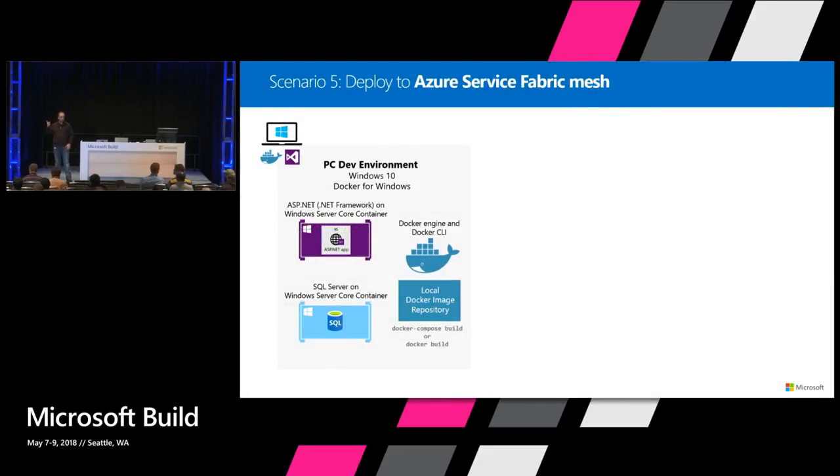So another scenario would be to deploy Windows containers into Azure Service Fabric Mesh, which had the code name Cbreeze. Maybe you haven't heard that because it was internal. But Mesh is Service Fabric, but as platform as a service. It's kind of serverless.